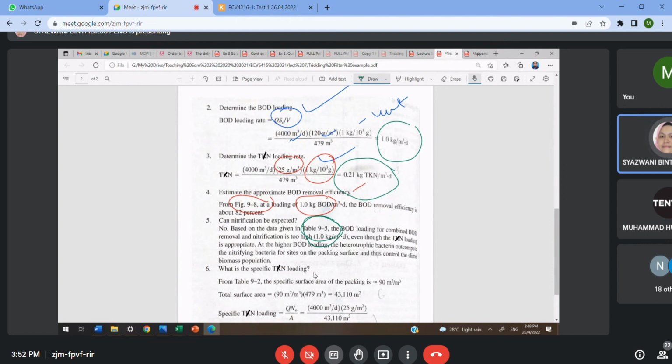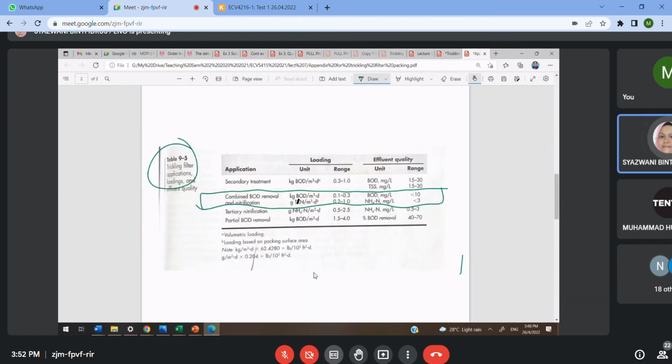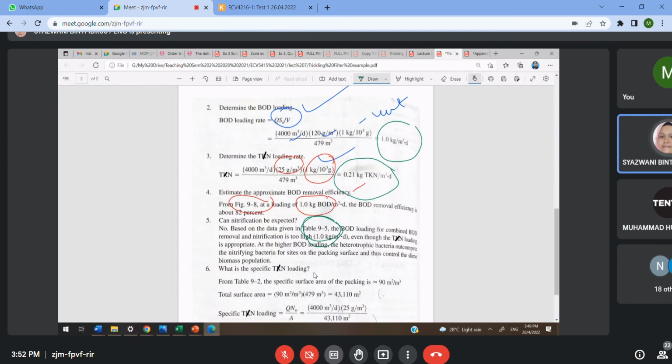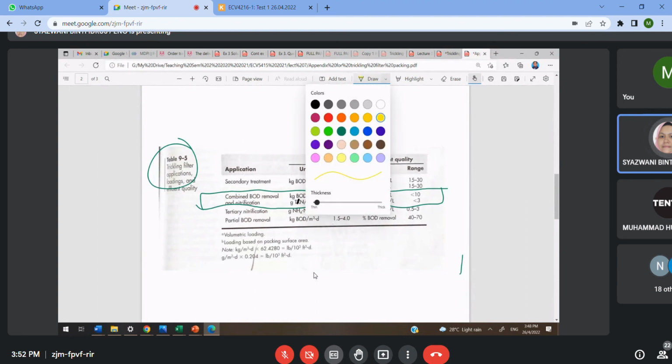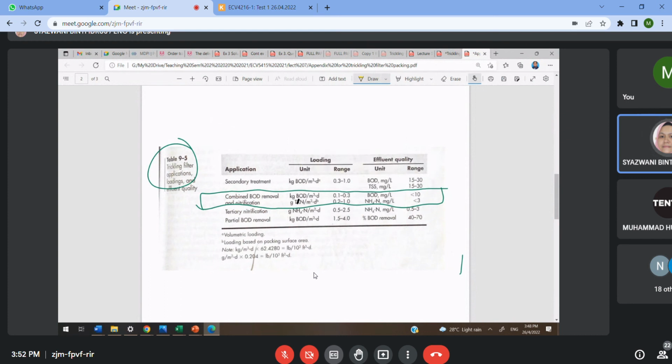Your BOD loading is equal to 1.0. The suggested range where nitrification can occur is 0.1 to 0.3, while your value is equal to 1. So that's why it doesn't fall within this range. A range of 0.1 to 0.3.